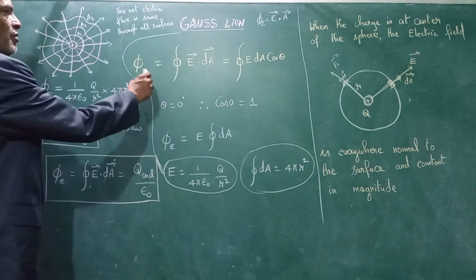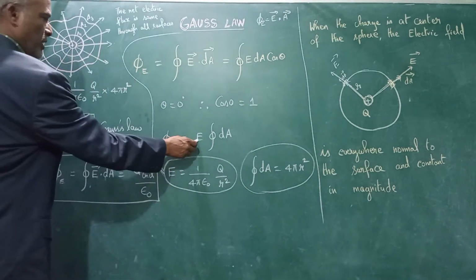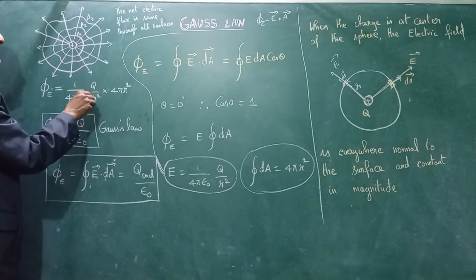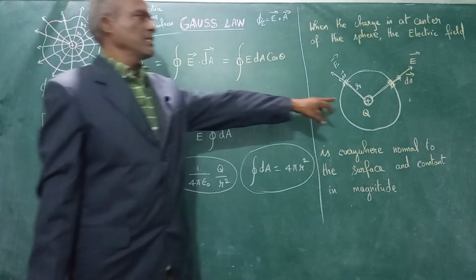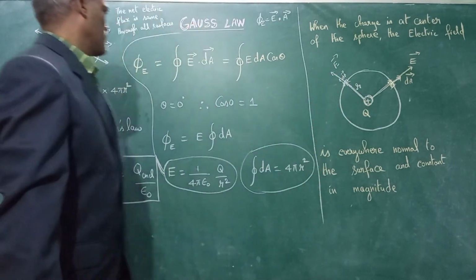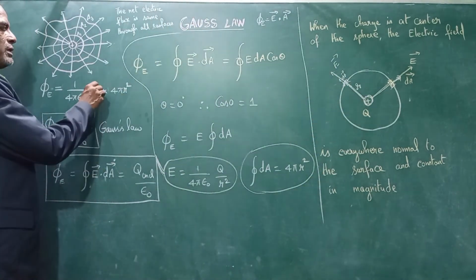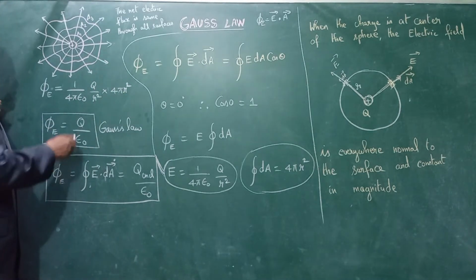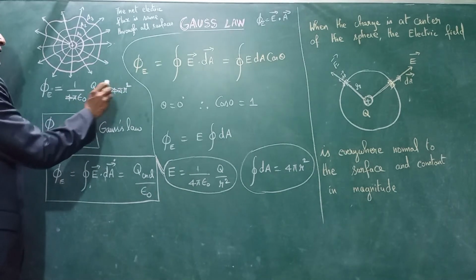Now phi E is equal to E. You substitute for E, which is 1 by 4 pi epsilon naught, q by distance square. Here the distance is r, so distance square is r square, multiplied by the area of the sphere, which is 4 pi r square. This 4 pi r square gets cancelled.